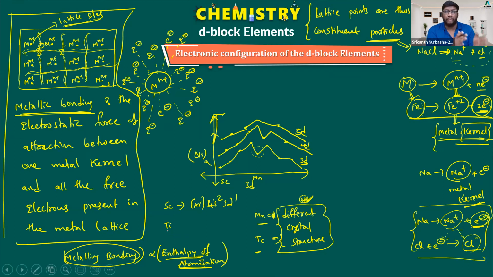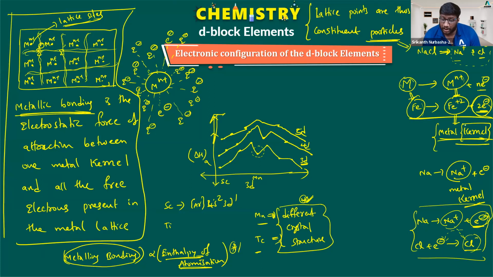So as we go from left to right in a particular series, the number of unpaired electrons increases. With an increase in the number of unpaired electrons, stronger metallic bonding should be there. If metallic bonding is stronger, the melting point should be highest. Similarly, the enthalpies of atomization are going to be increasing in this manner.